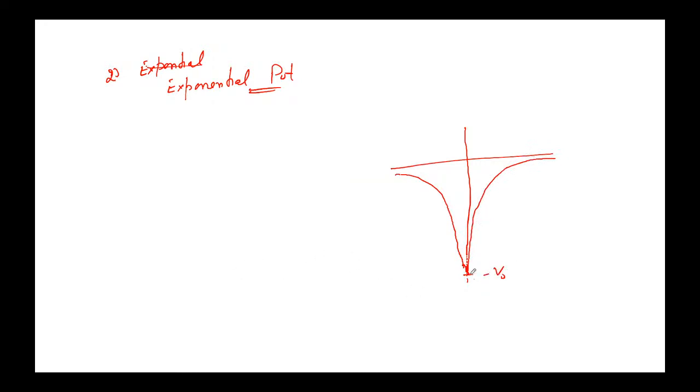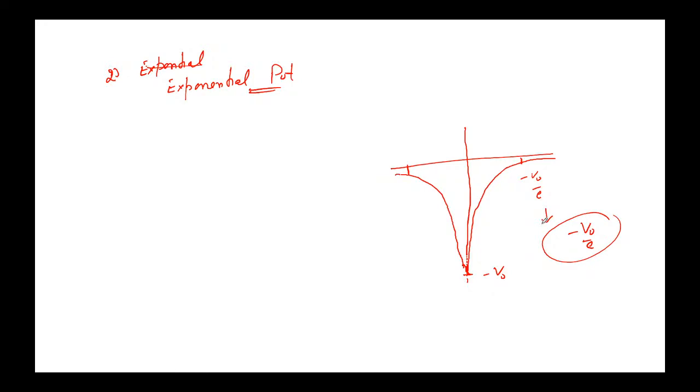At this point it has a maximum value, and its value is V naught over e, which we will also discuss using the single point model or the Yukawa potential, and we will derive this relation. For the single point model, the maximum value it can have is of the order of minus V naught over e.